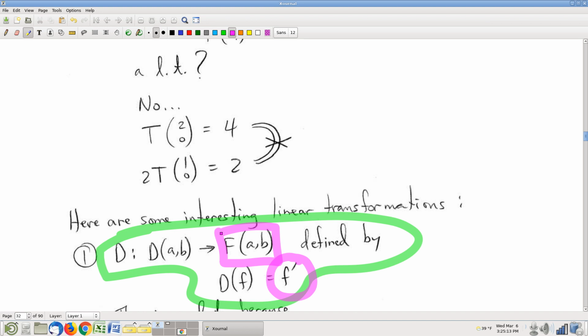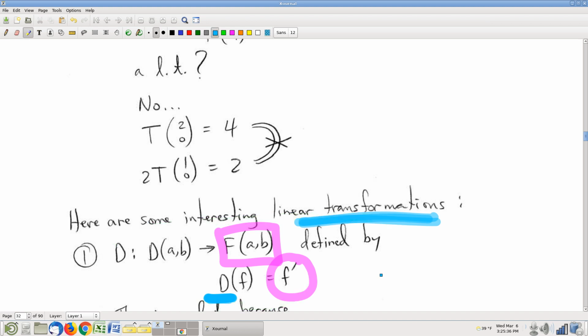Certainly not. Cosine x is a wonderful counterexample. These are clearly not linear. What we are saying is not that derivatives are linear, but that differentiation, as an action that you do to functions, is the linear transformation. That's what we're talking about. Make sure to see the distinction there. The act of differentiating takes in a function and spits out a function.